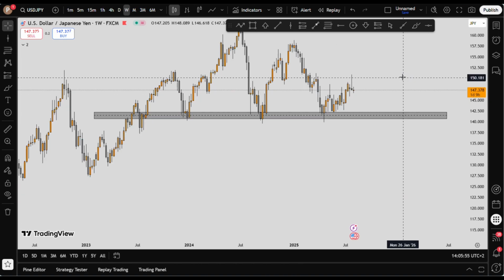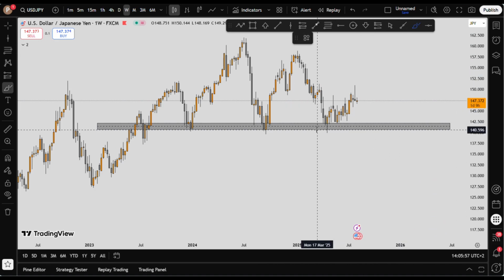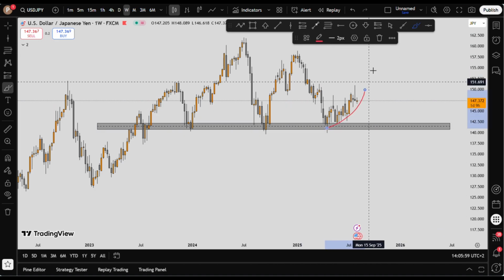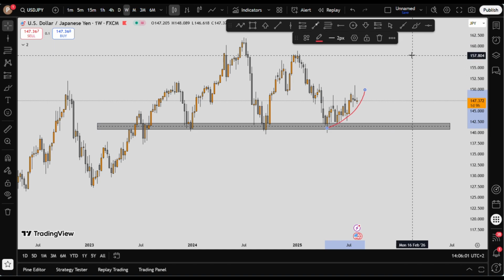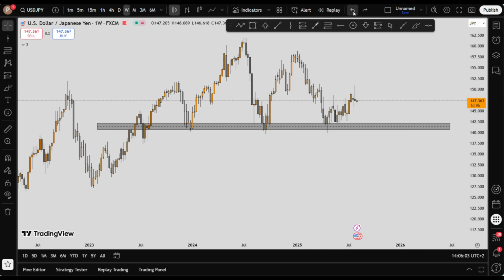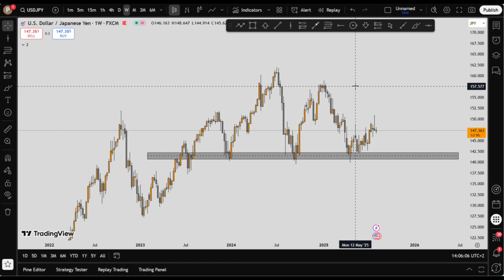But anyway, you can see the impulse right here. This came from our monthly time frame, right? We identified that. So let's try and keep finding our key support and resistance levels. On every time frame, we should be finding key support zones and resistance zones.